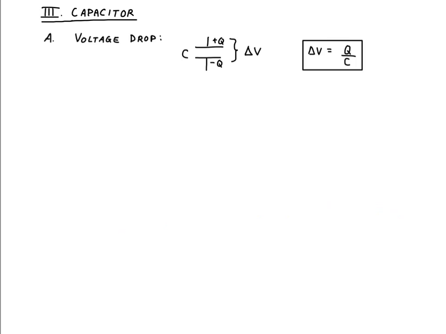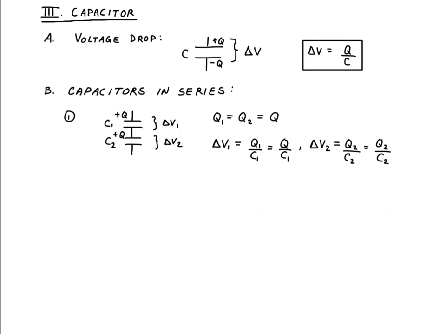Moving on to capacitors, the voltage drop across the capacitor is a very familiar delta V equals Q over C. And when you have capacitors in series, you will have two voltage drops, one for each capacitor. One would be delta V1 and the other would be delta V2. When capacitors are in series, they have the same charge.